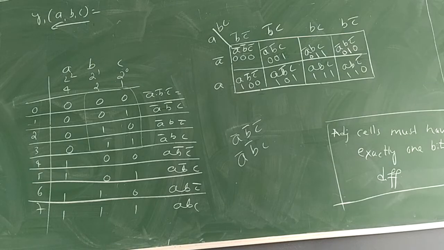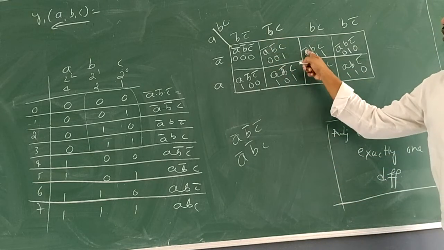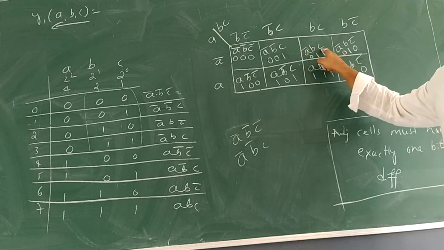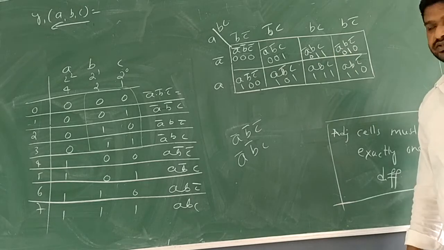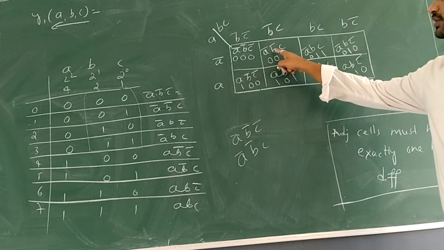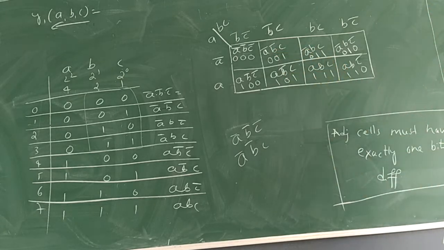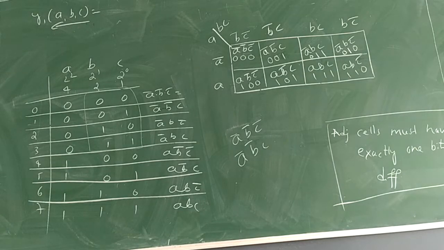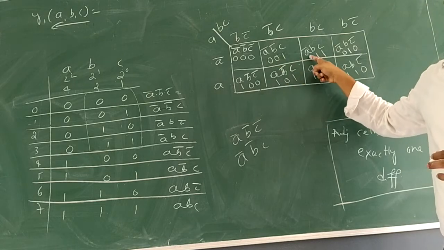That means one difference. If you take these two, A is complemented in both, C is non-complemented in both, hence two same things. But what is the difference? Variable B. Here it is B complement, here it is B. So we have two same and one difference, hence these two are adjacent.